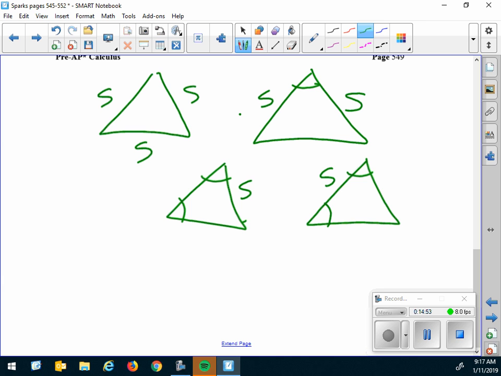Well, if it's in a different order, you can use the side angle side, can't you? You can't be in a different order, then it's not side angle side. Oh, okay. But there is one other that I can use law of sines on. Why? Because you know the other angle. Because I know the other angle. Yep. Because I can calculate the other angle easy, and then I have an angle and its opposite side.